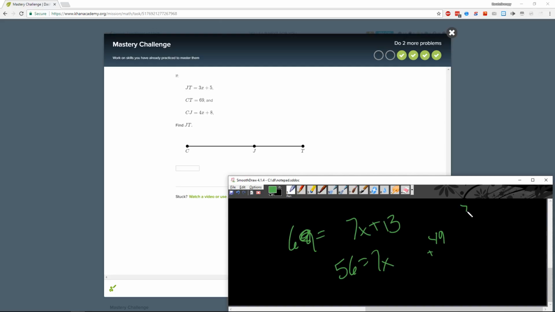So 7 times 7 is 49. 7 times 8 is 56, yeah, so it's 7 times 8. So x is 8. And then we want to find JT, which is 3 times 8 plus 5. So that's 24 plus 5 is 29.